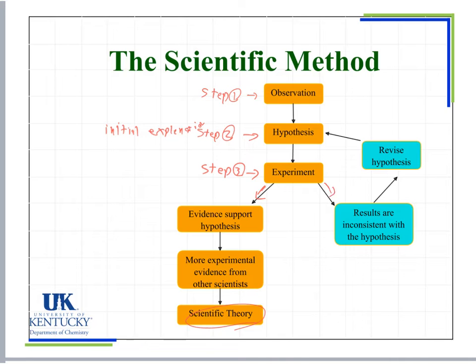If it doesn't support the hypothesis, it means your hypothesis was not right. So what usually happens, you go to a new hypothesis. You have to revise your hypothesis and make it right. And then you have this loop. It goes around, and this loop happens multiple times so that you can come up with the right hypothesis that your experiment supports. And then you go to this route and end up with a theory.